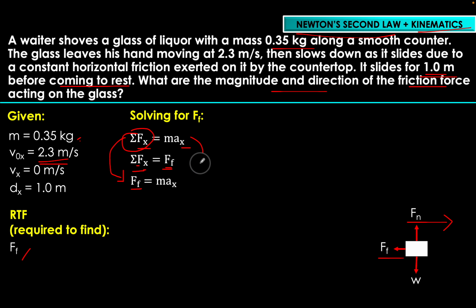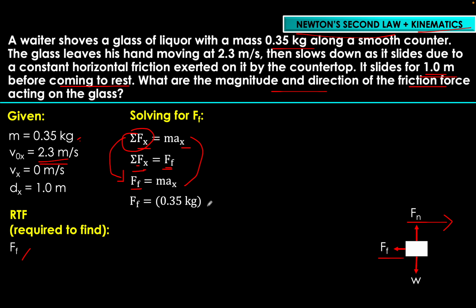And then we just affix the mass times acceleration expression. So let's try. If you plug in the given to solve for frictional force, it would be mass times acceleration. However, if you look at it, we only know the mass of the glass, 0.35 kilograms, but we don't know the acceleration. So how do we deal with that?